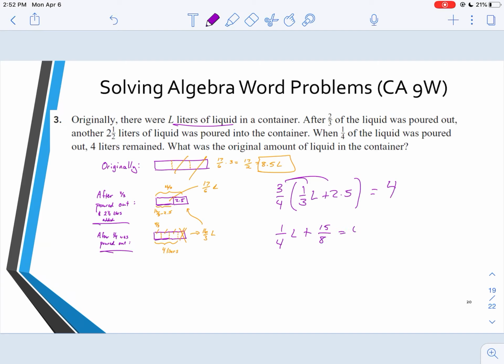No. Gives me 15/8 equals 4. 1/4 of L equals, subtract the 15/8 from both sides. That gives me 17/8. Multiply both sides by 4, and I get 17/2, or 8.5 liters.